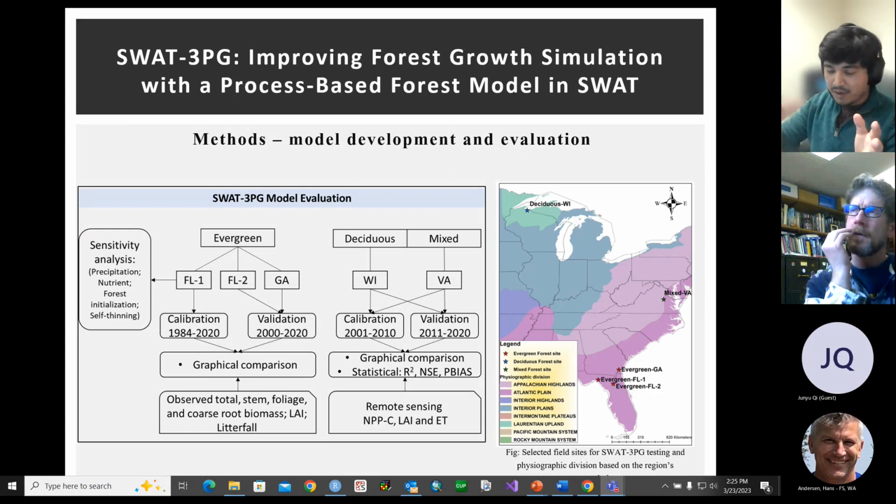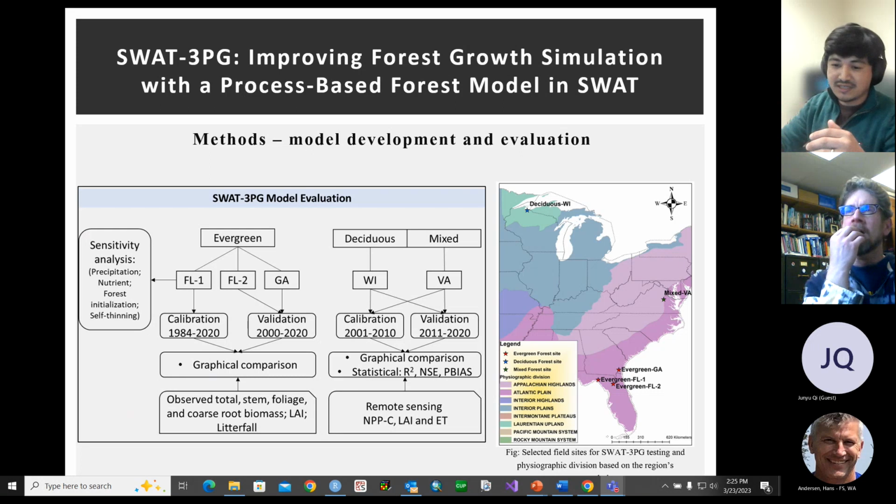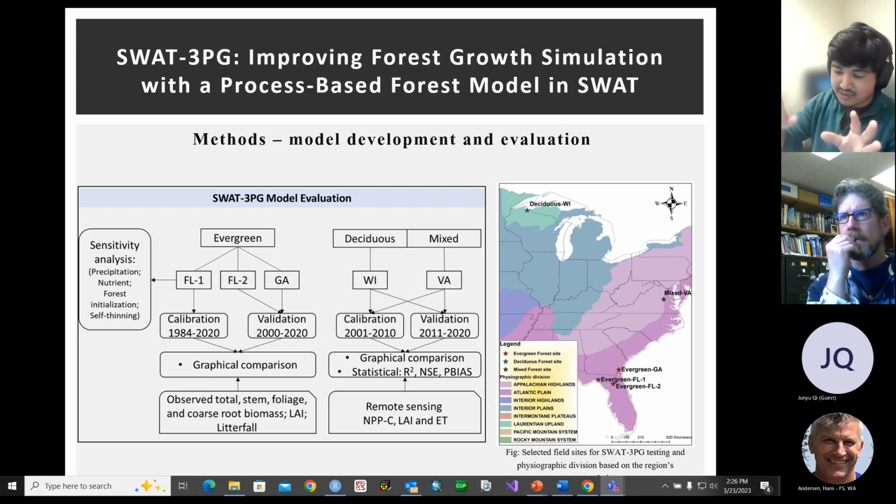And because we want this model to be useful even for evaluating different forest management practices, we did some sensitivity analysis to see how this forest would respond to changes in precipitation levels, changes in nitrate levels, and different forest initializations, to make sure that this model can be used for management later if we wanted to, right?